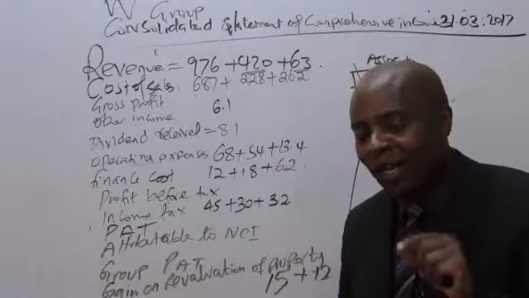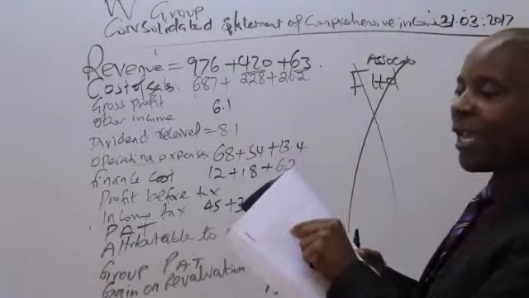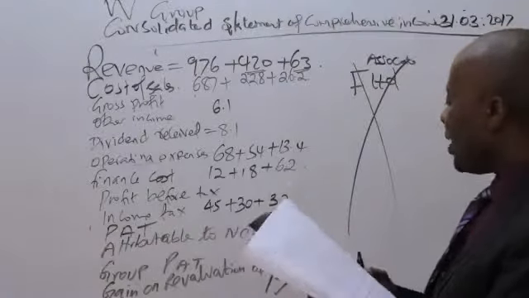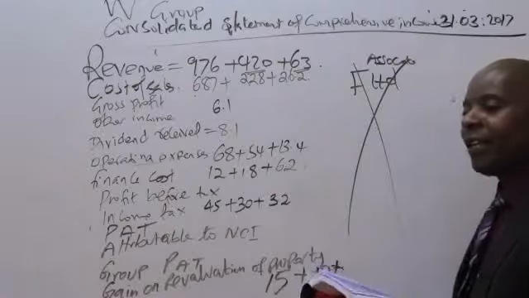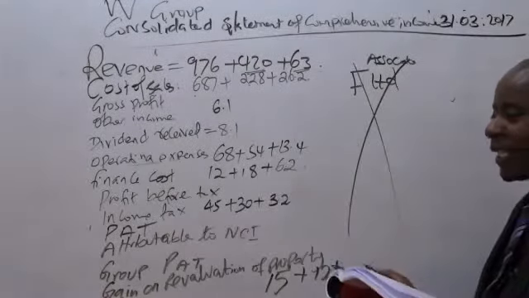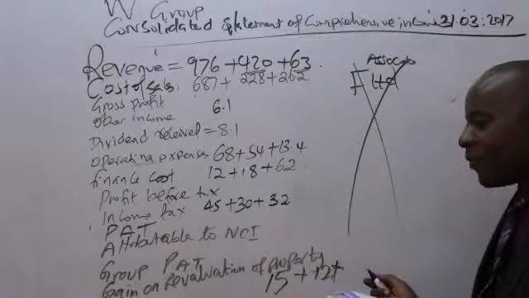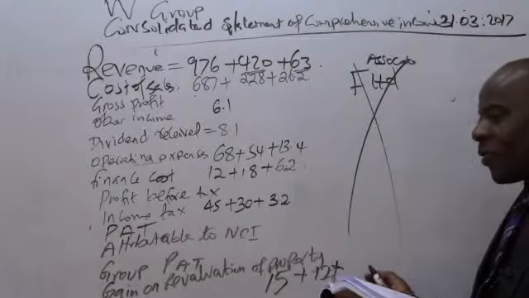We have an other comprehensive income, a gain on revaluation. So I'll take the 15 plus, do we know the percentage of S? 0.6.